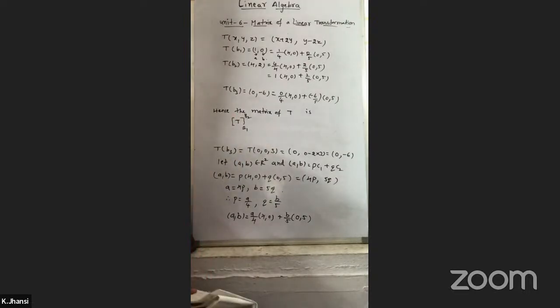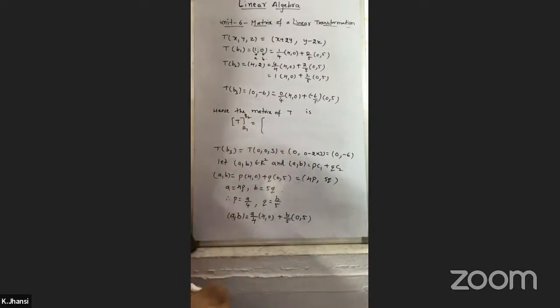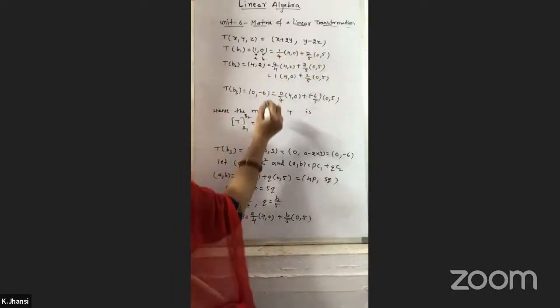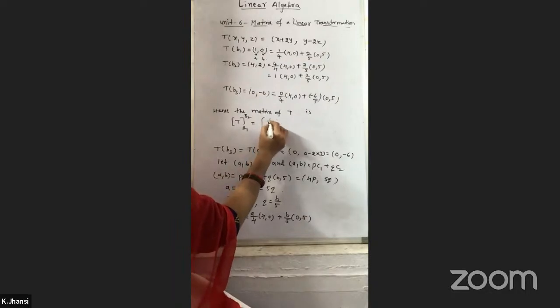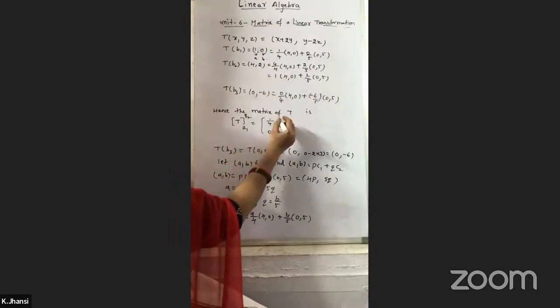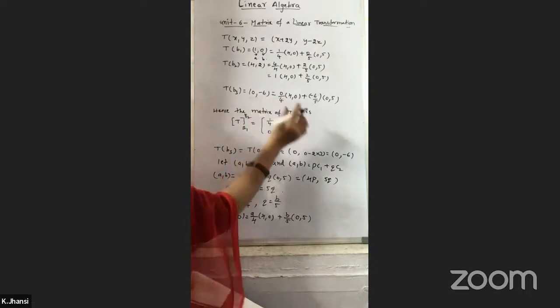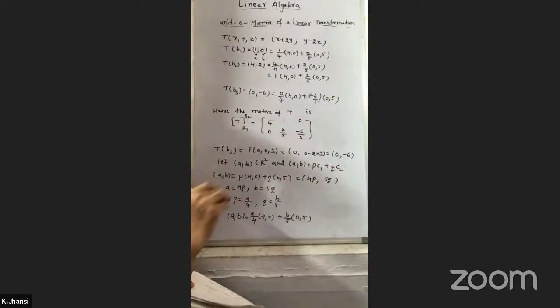The matrix of T is equal to, where whatever coefficients are there for this one, those values you have to write here. That is 1 by 4 and this value 0 by 5 means it is 0. So 1 by 4, 0. Next, second one, 1 and 2 by 5. Next, this is also 0, minus 6 by 5.